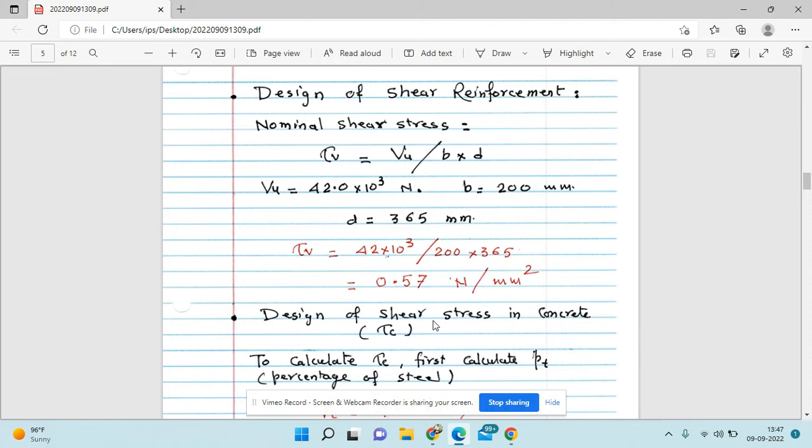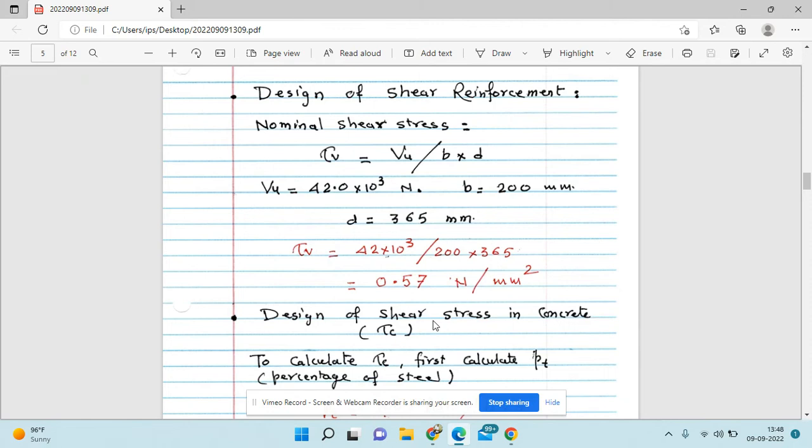Vu is 42.0 multiplied by 10 to the power 3 to make it in Newton, b is 200 and d is 365 mm. Substituting these values, tau v comes out as 0.57 Newton per mm square. This is the actual shear stress coming on the beam.